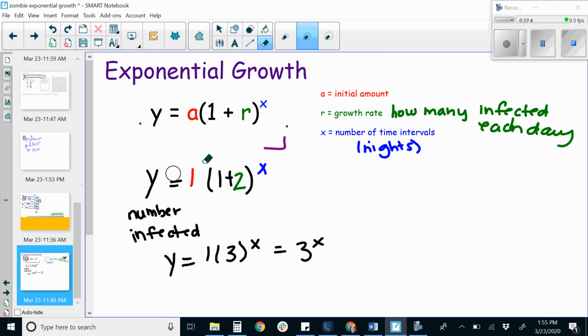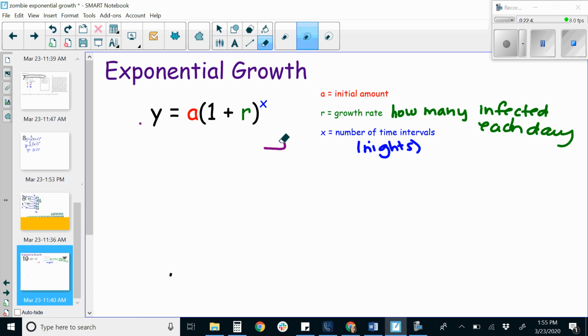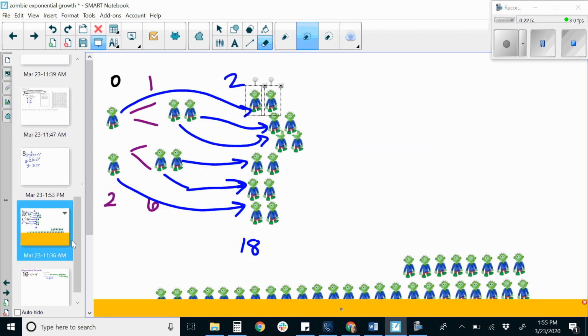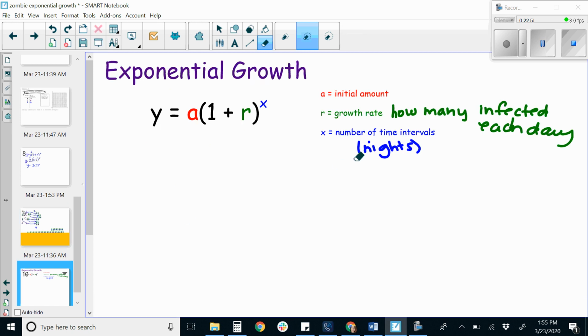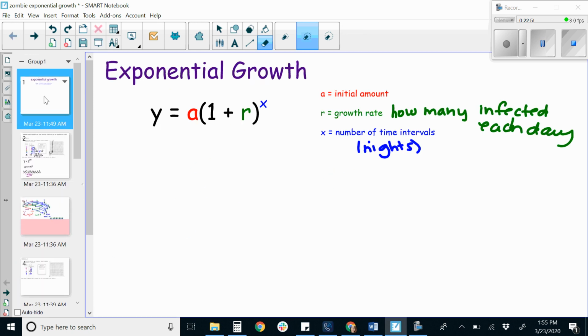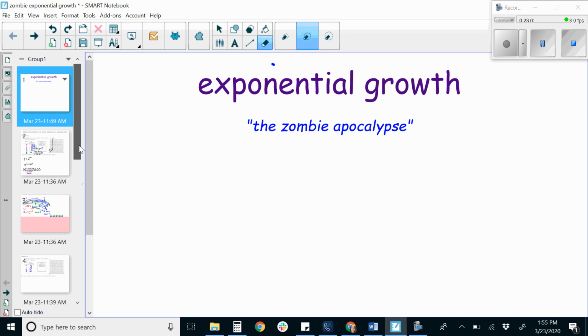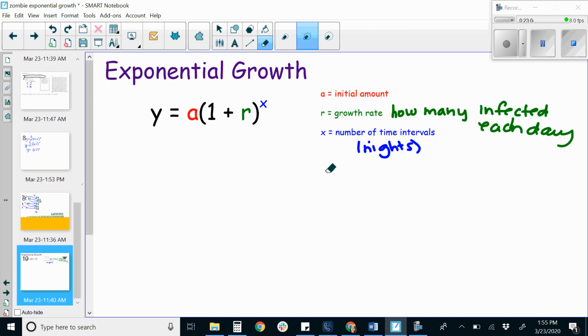You need to know where you're starting, how many are being infected each night, and what your time measurement is. In our case, it was nights. And you can develop a model like this to demonstrate how quickly people get infected when they're doubling or infecting a certain amount each night.